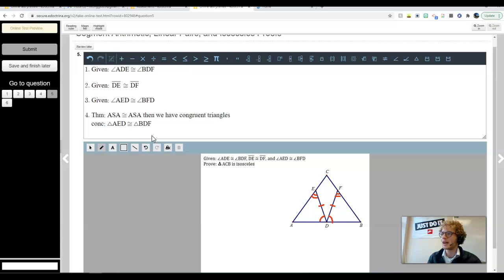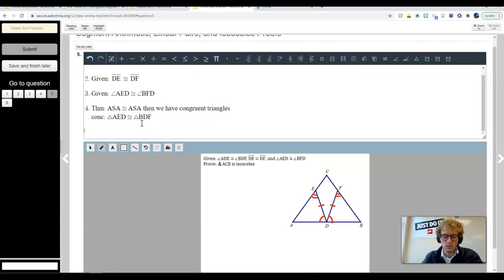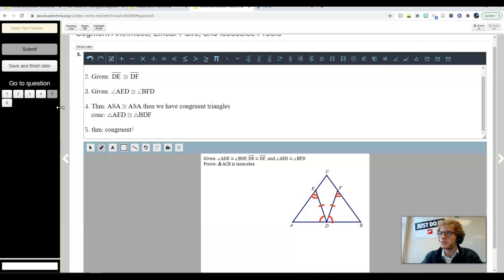So our step 5 is going to be the corresponding parts of congruent triangles. Our theorem is that congruent triangles have congruent corresponding sides and angles.